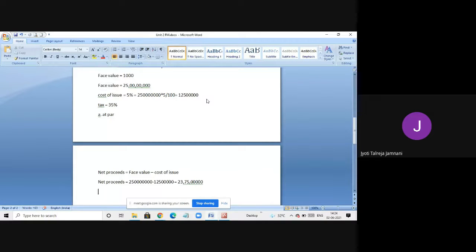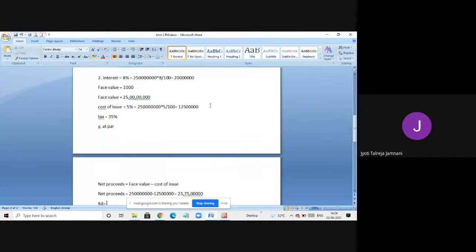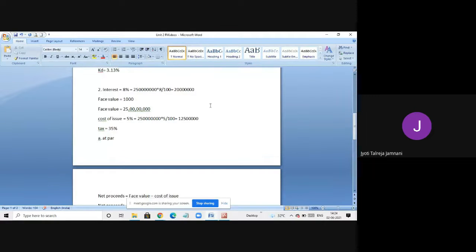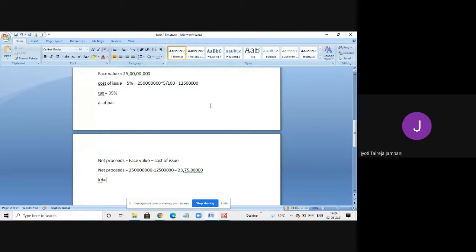Now we can find cost of debt. Cost of debt is equal to interest. We found out the interest amount, 2 crores, divided by net proceeds, 23 crores 75 lakhs, into 1 minus tax rate.